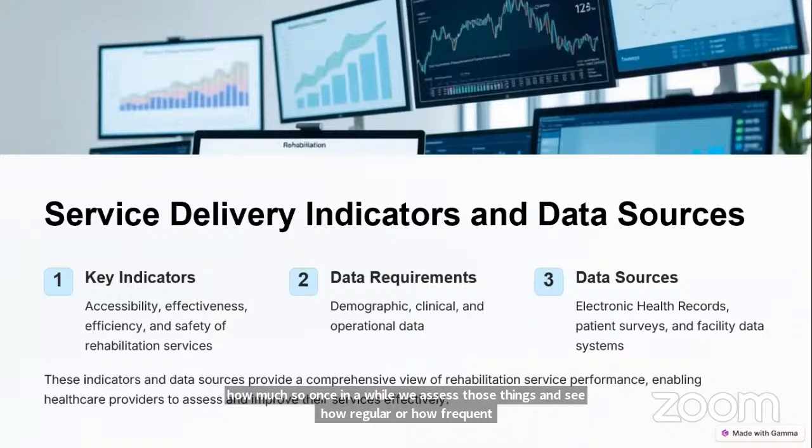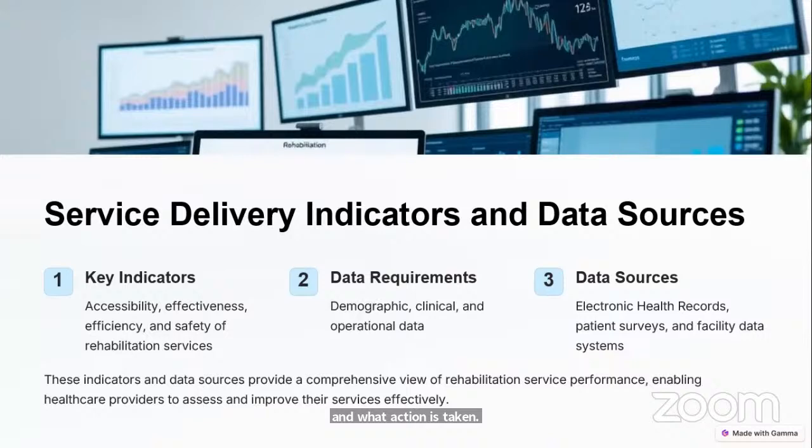Another one is perhaps infection rates in our area. So how well do we disinfect the area to make sure that infections are not rampant, and also issues especially around our equipment. How safe are the equipments with the services we render? So these are majorly the key indicators that are expected to be identified in our service delivery.